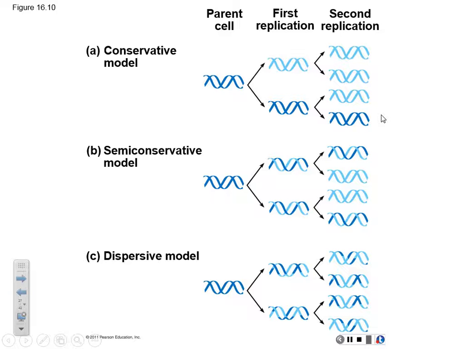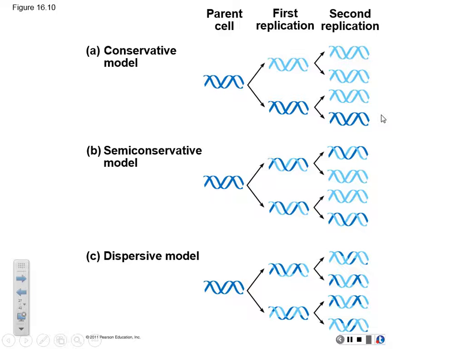The semi-conservative model has a band here and a band here, of equal intensity. The conservative model has a band here and a band three times as big here, right? This is visibly different than this.